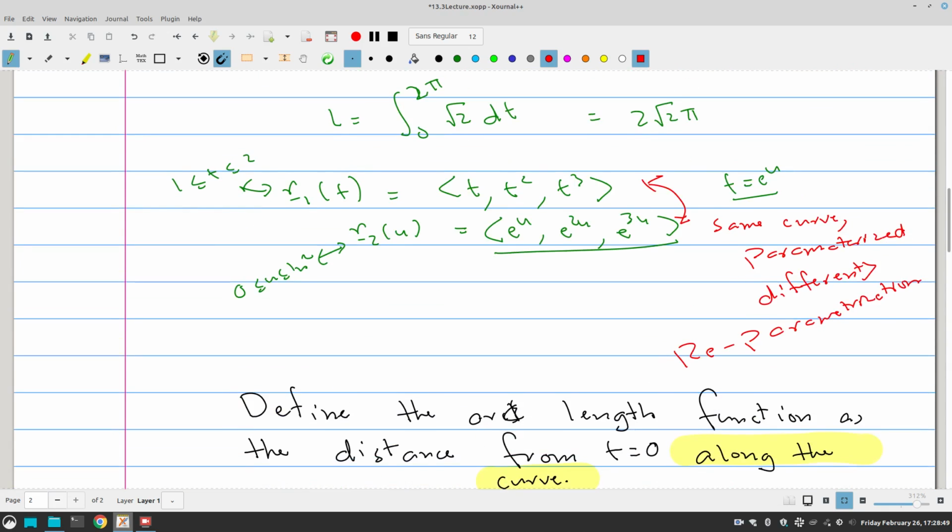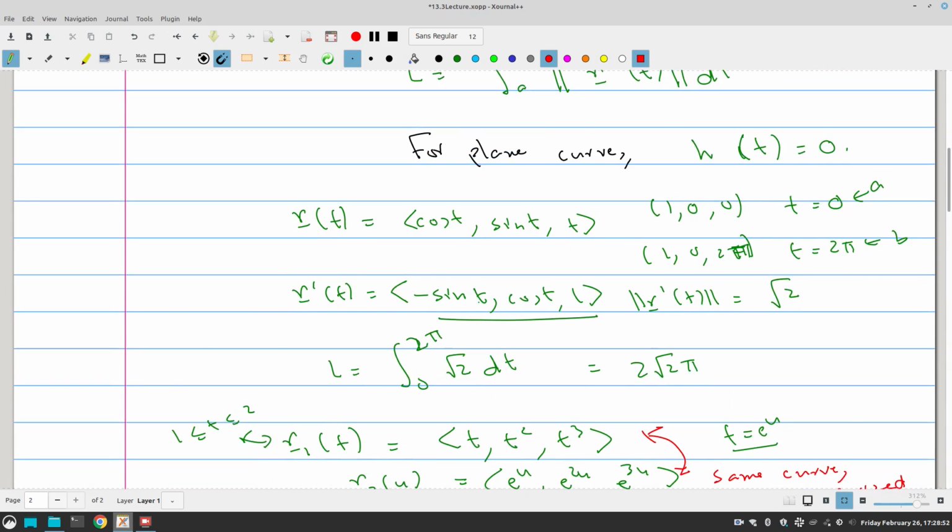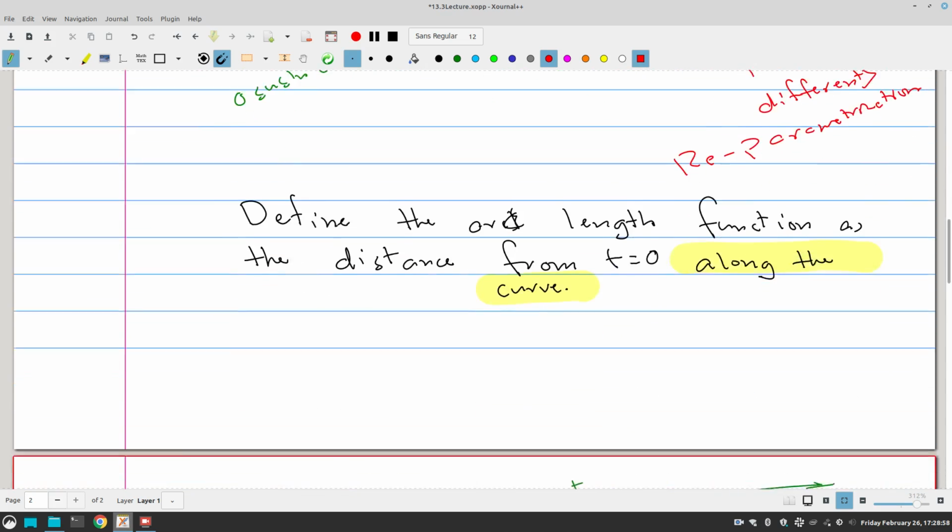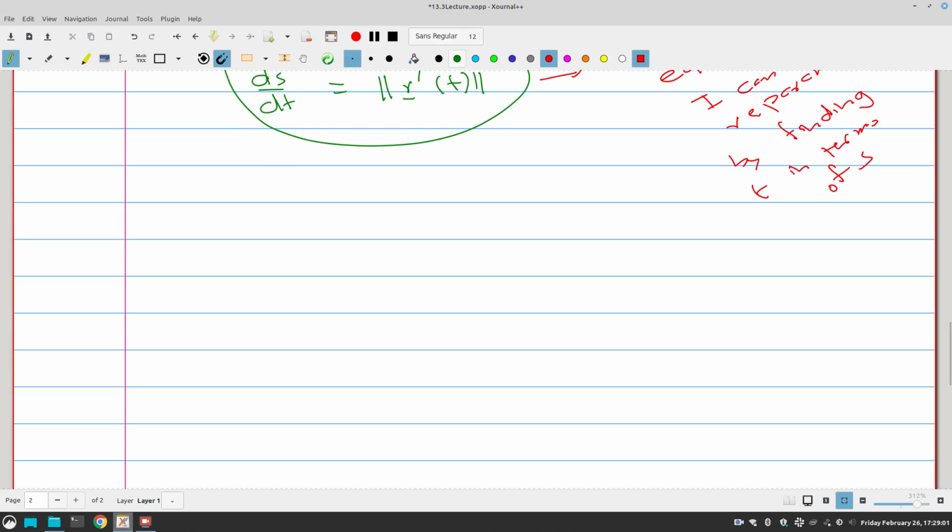So, for example, we go back to our curve, cosine t, sine t, and t. If you take the length of this curve, s of t, the length function, this is the integral from 0 to t of the magnitude of r prime u, which, remember, was the square root of 2, du.